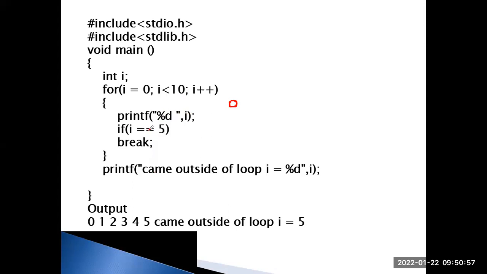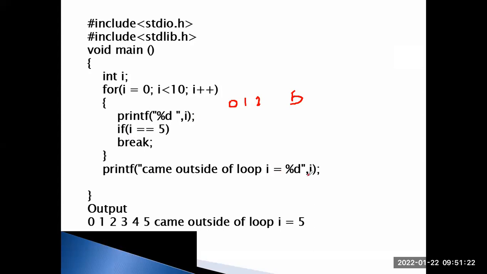If this condition is false, it goes for the increment: next is 1, then 2, 3, 4. When I becomes 5, the condition is automatically satisfied. Once the condition is satisfied, break, exit from the loop, that is, come out of the loop.